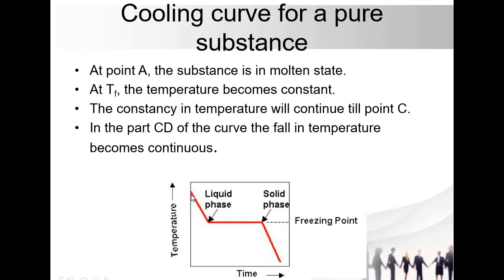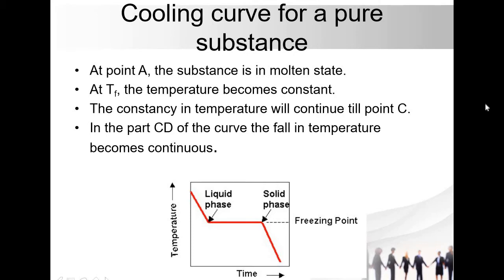Initially at this point, let me take it as A, the pure substance, that is 100% pure substance with no impurity in it, is in the molten state.